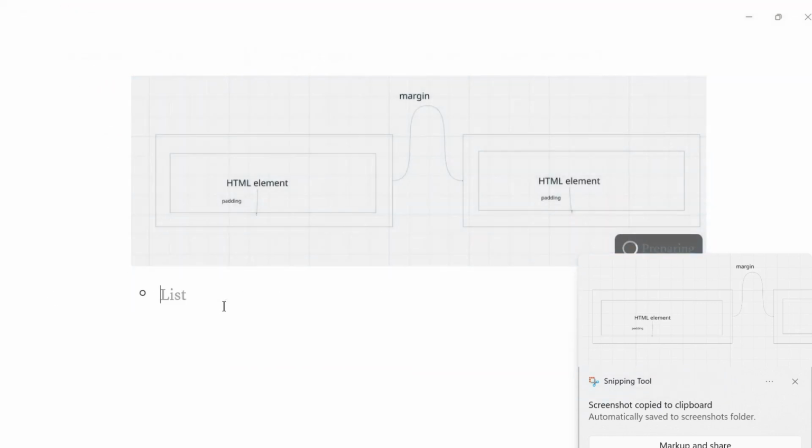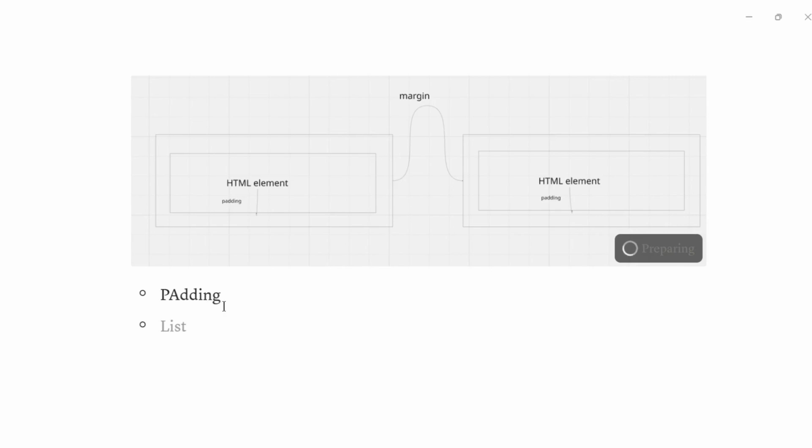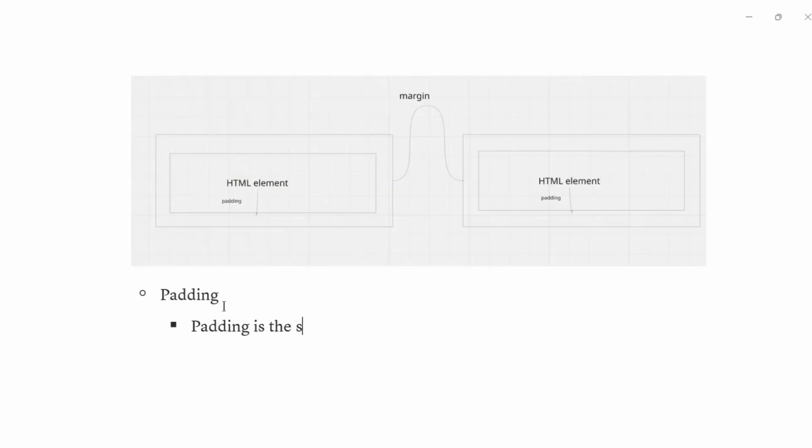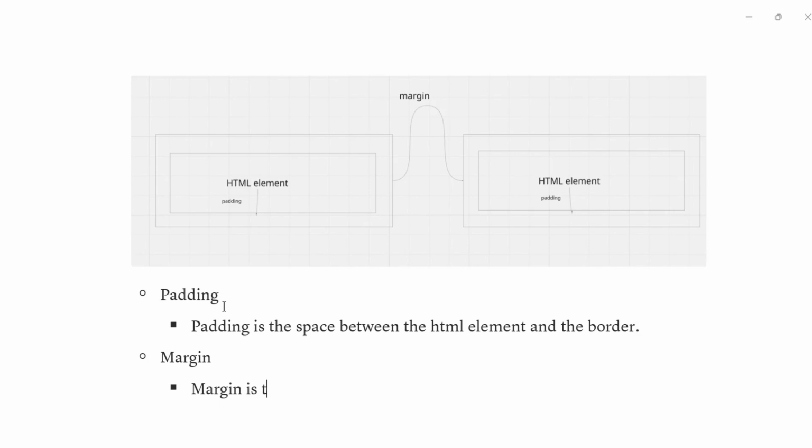So what is padding? Padding is the space between the HTML element and the border. And margin is the space between two consecutive HTML elements.